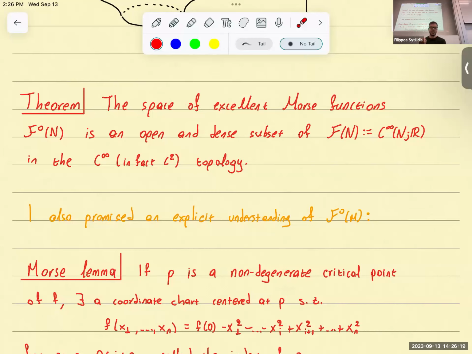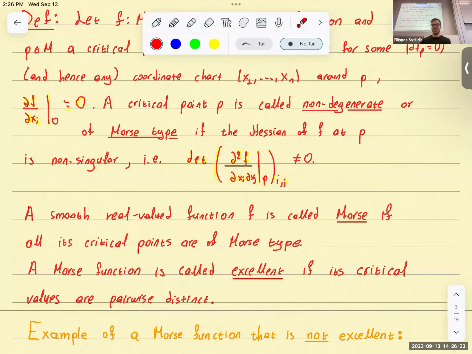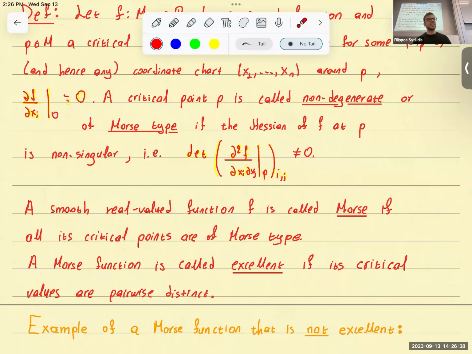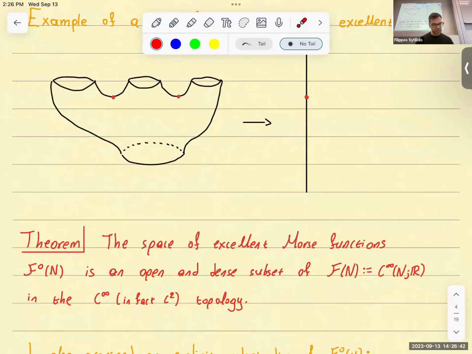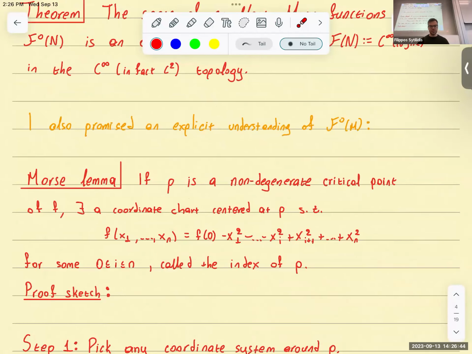Up to now, I just gave you a definition. I told you what it means to be a non-degenerate critical point, which is pretty cool, but it's not like you've suddenly become super happy by looking at this definition. You might hope for being a bit more explicit. Infinitesimal definition. Yeah, exactly. So I'd like to make true to this promise that I gave.